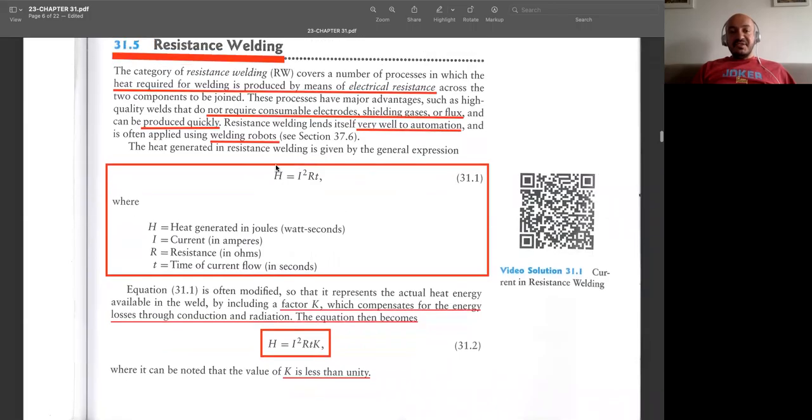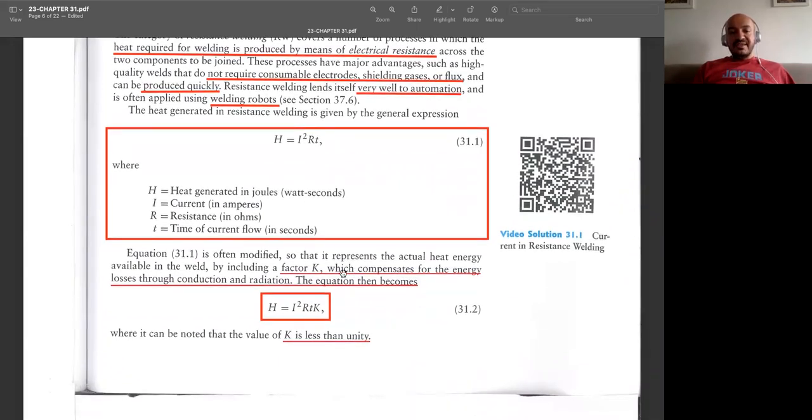And in this process, we generate heat, and heat depends, as you see, on the current flowing, the resistance of the items, and the time you are applying this current. During this welding operation, obviously, some of the heat will be lost as conduction and radiation. So in addition to this equation, we have a parameter called K, and obviously that should be less than unity.